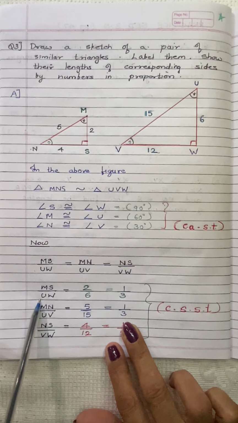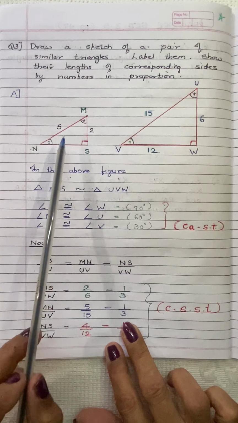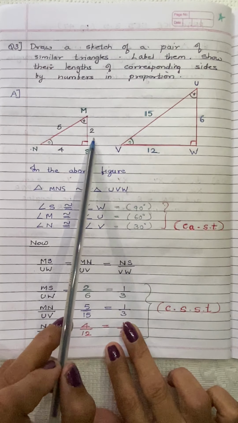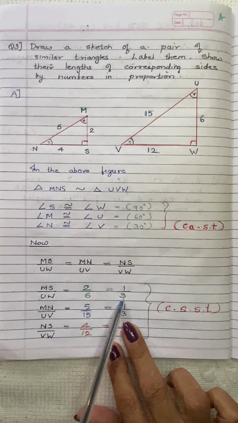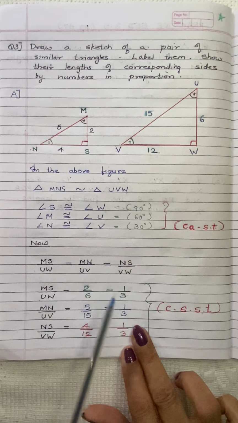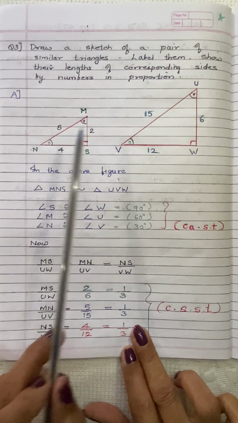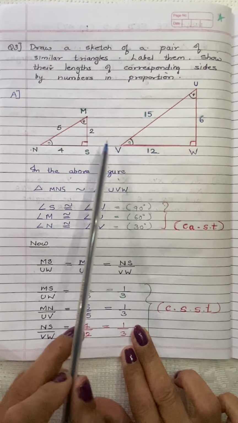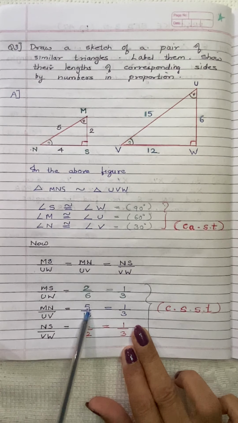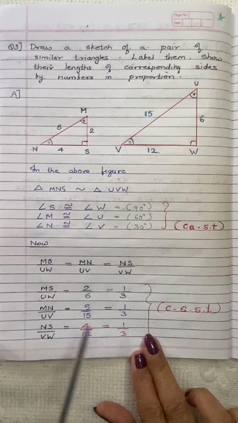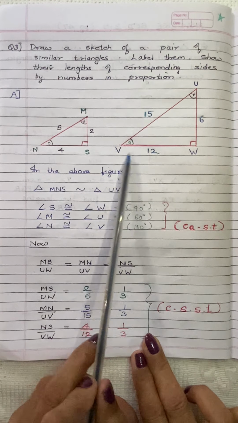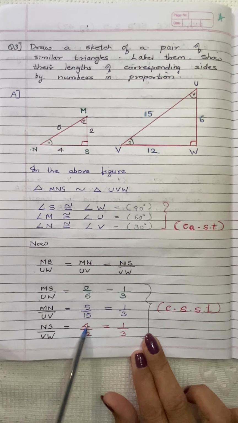So MS upon UW, that is 2 upon 6, which gives us ratio 1 upon 3. Then MN upon UV, 5 upon 15, is equal to 1 upon 3, and NS upon VW, that is 4 upon 12.